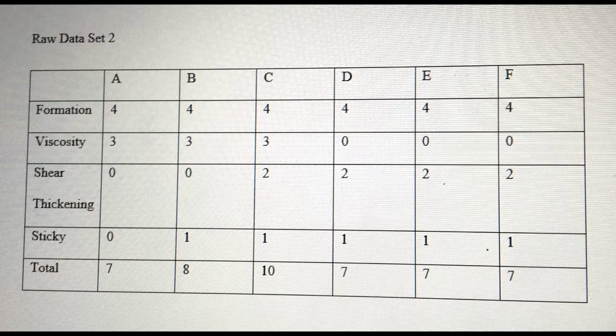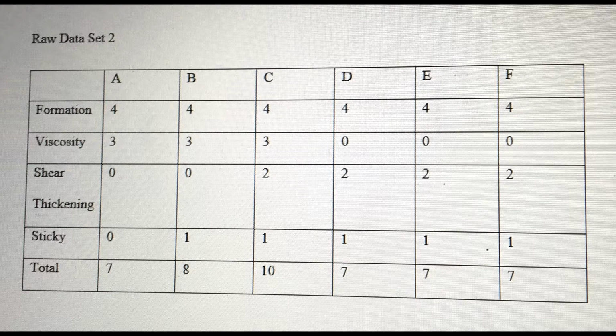For solution A, with 1/4 of a teaspoon of borax in solution, it was awarded 4 points for formation, 3 points for viscosity, 0 points for shear thickening, and 0 points for stickiness.